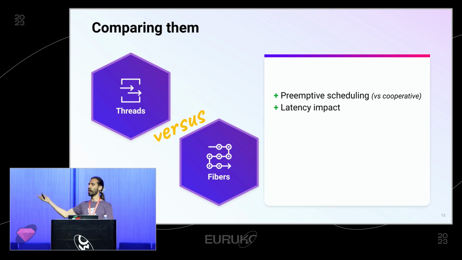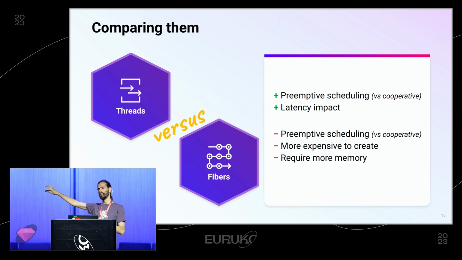Which means you can have a bit of a latency impact, because if a fiber never switches to another fiber, there can be seconds, minutes, hours, days where other fibers are waiting to execute, and if one fiber doesn't switch to the next one, they will not run. Whereas with preemptive scheduling, at some point Ruby will say, wait, it's not your turn anymore, the other thread gets to run.